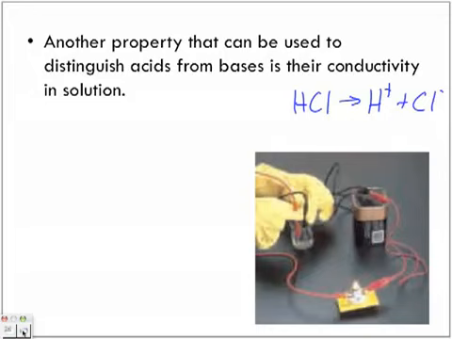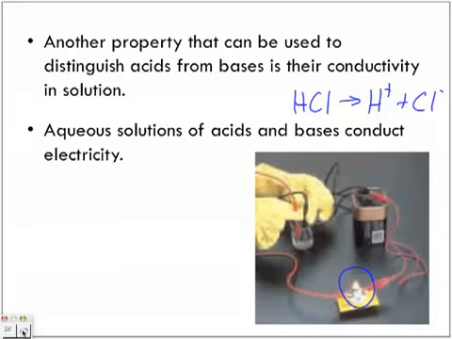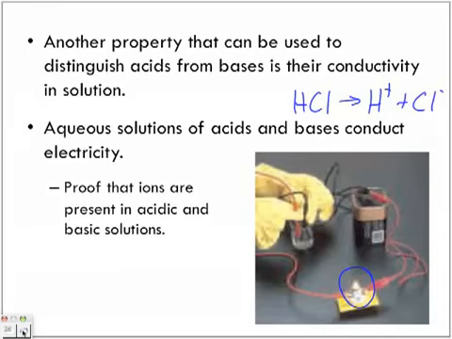That can cause the light source to light up. So aqueous solutions of acids and bases conduct electricity, which is proof that ions are present in acidic and basic solutions.